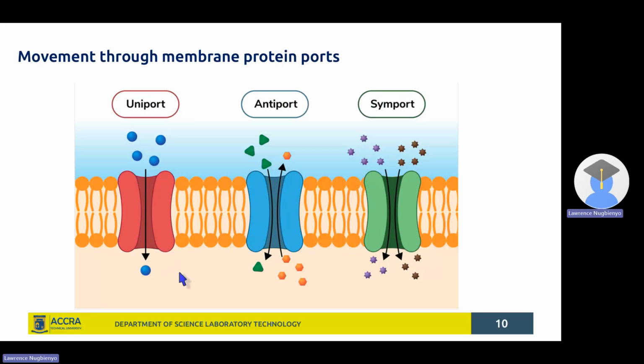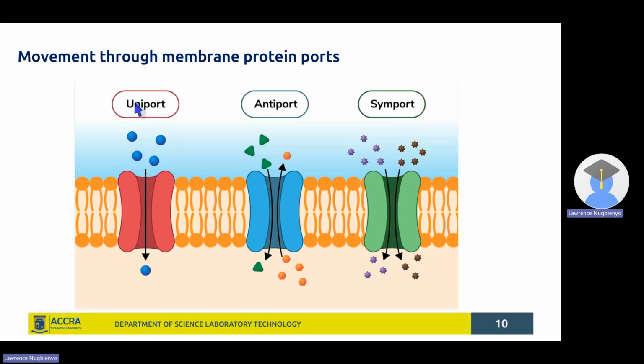Now, another thing we need to understand is that you have these transporter proteins, say the ion channel pores. You do have different forms of transportation of substances, such that we have what we refer to as protein ports. We have three types of them: uniport, antiport, and symport.